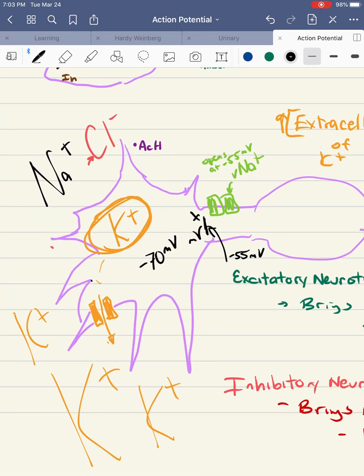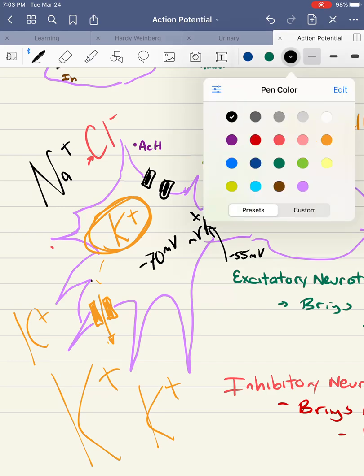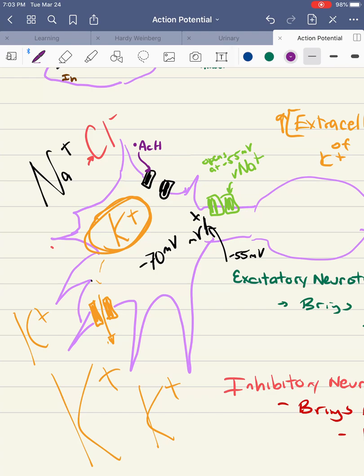And if we open up some of these sodium channels, let me just draw some sodium channels right over here. Maybe I'm going to bind some ACh right over here, and eventually I'll activate some sodium channels, so it's an excitatory neurotransmitter.